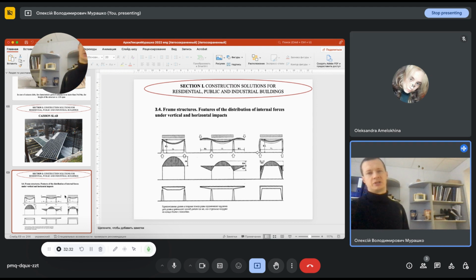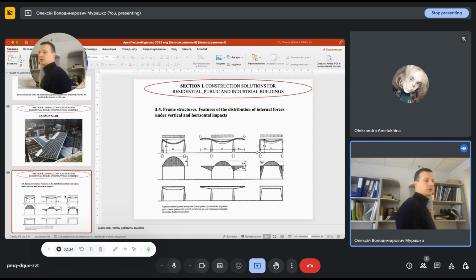Okay, so the next question that we have to consider during our lecture is connected with frame structures. Frame structures are also very widely used constructions in architects' practice, and that is why it's very important to understand what kind of frame structure you have in your case when you are designing a reconstruction or even a new building.